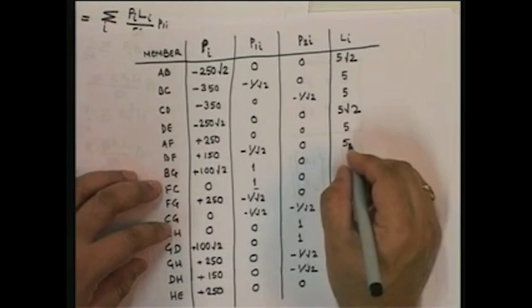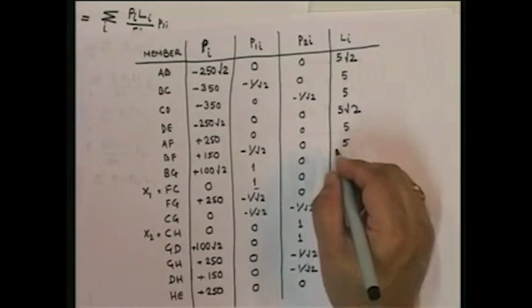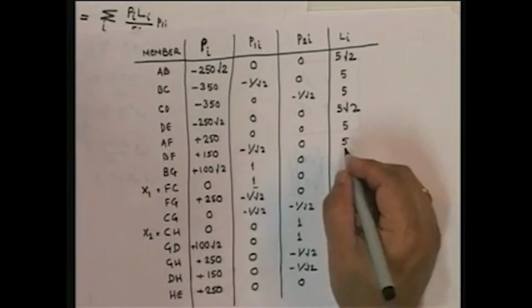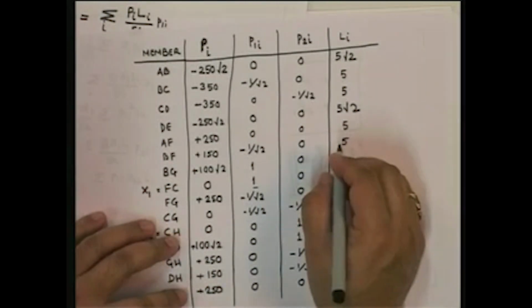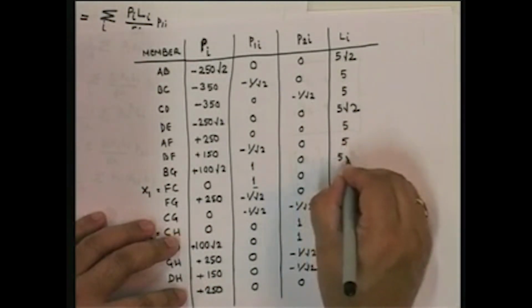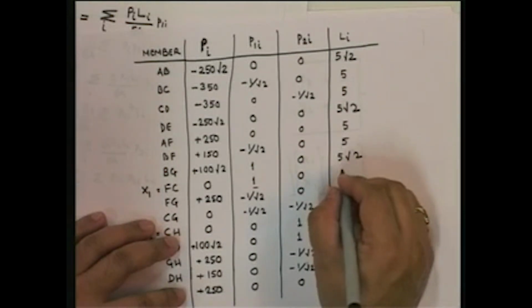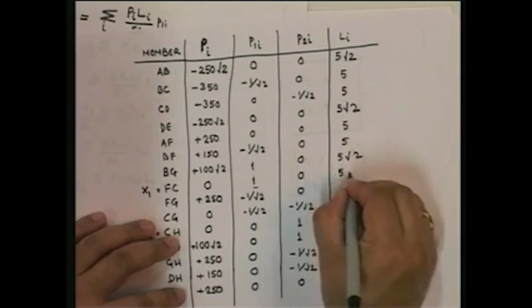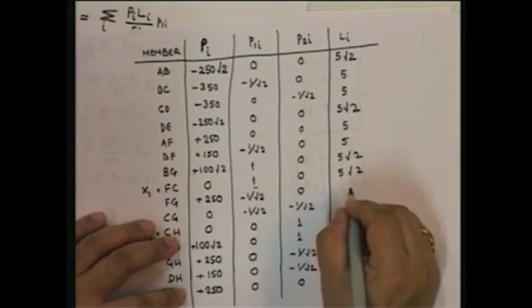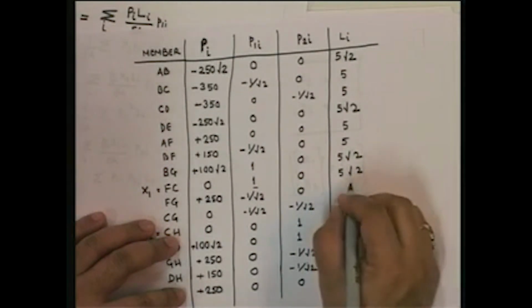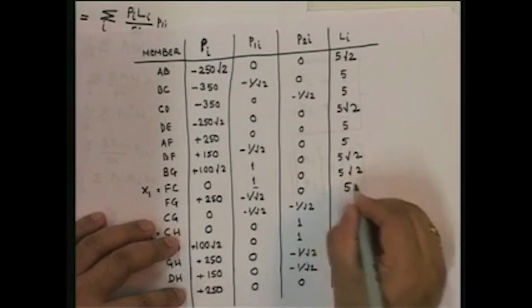Okay. And then if you really look at it, next we have BG. BG is equal to 5 root 2. FC is equal to 5 root 2. FG is equal to 5.